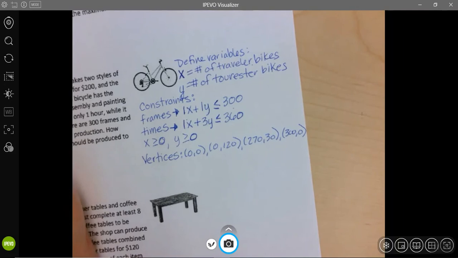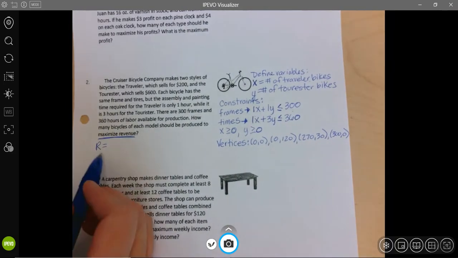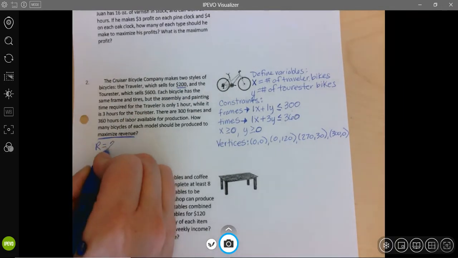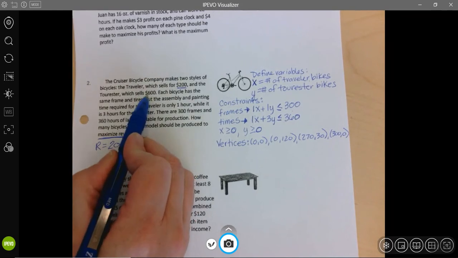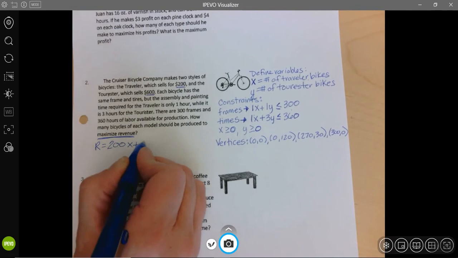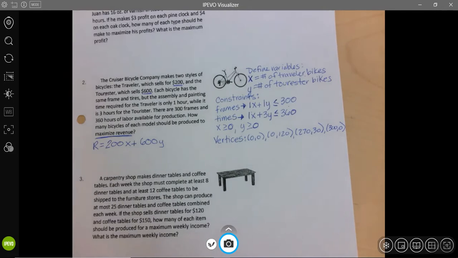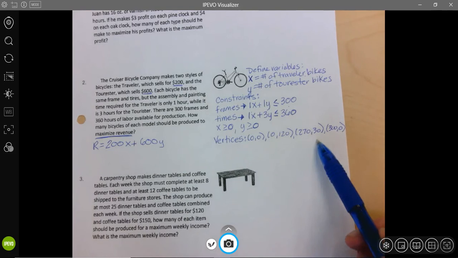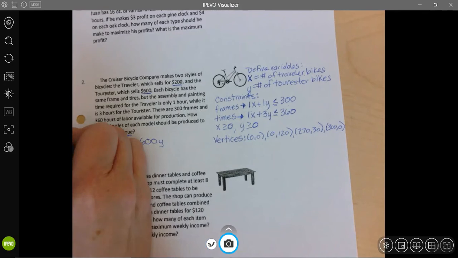So the revenue comes from $200 for each traveler bike plus $600 for each tourister bike. This is called our objective function.